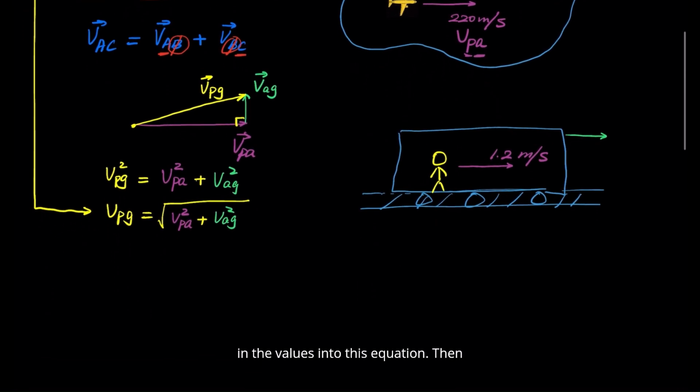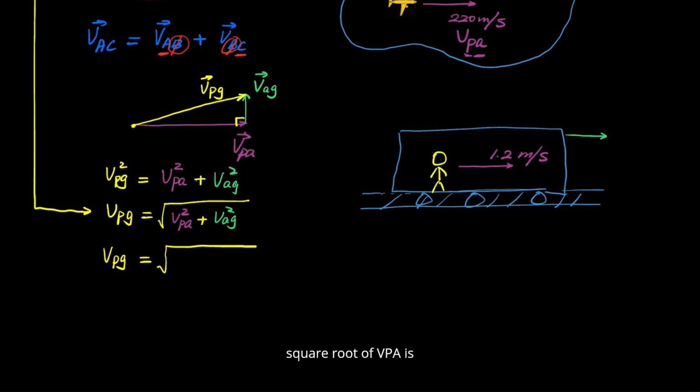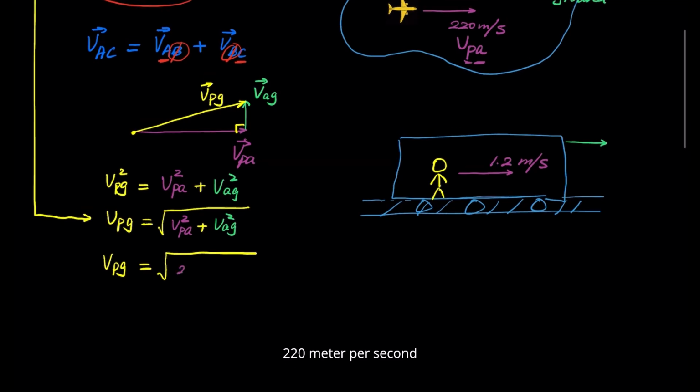Now let's plug in the values into this equation. Then VPG equals the square root of VPA, which is 220 meters per second, squared, plus VAG, the wind velocity, which is 50 meters per second, squared.